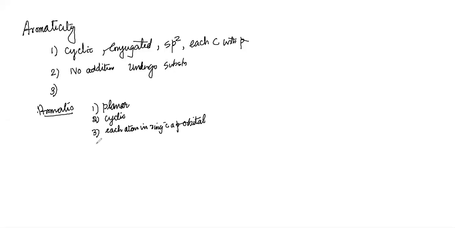And number 4, they contain 4n+2 pi electrons. Let us apply this to benzene, where n is an integer, not a fraction, 0, 1, 2.